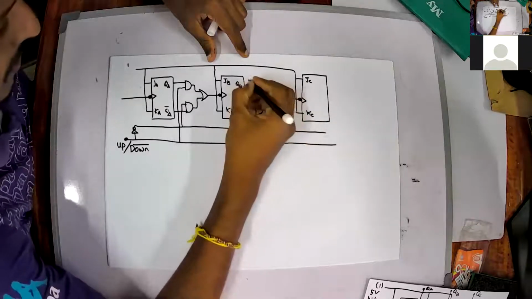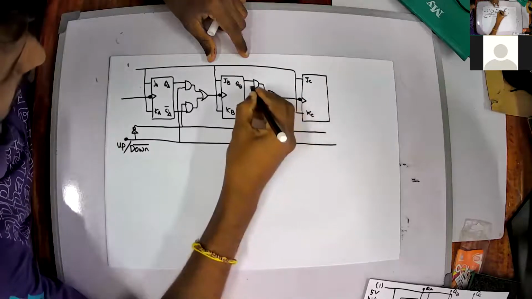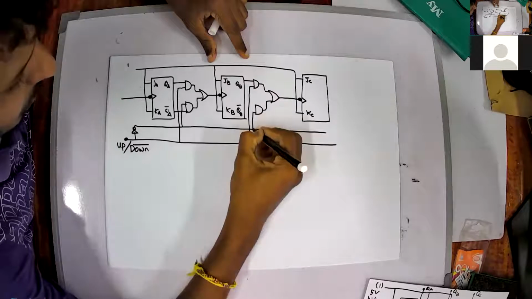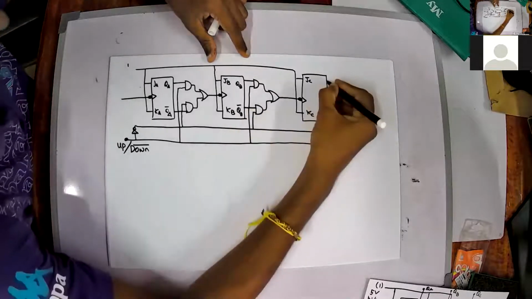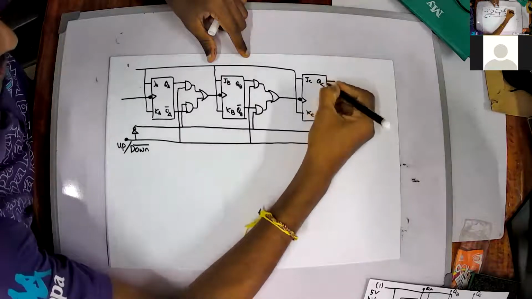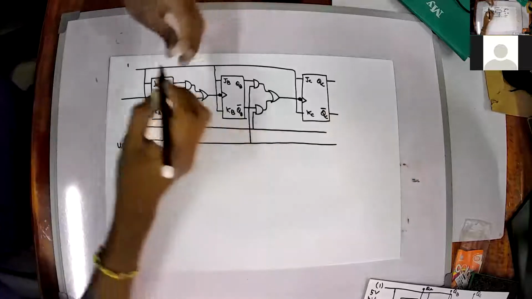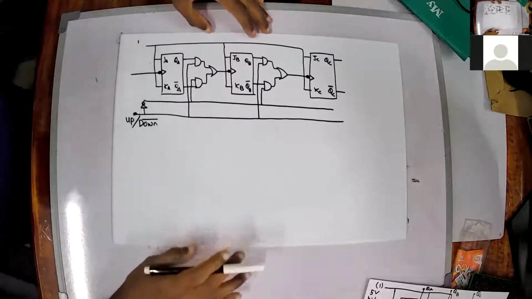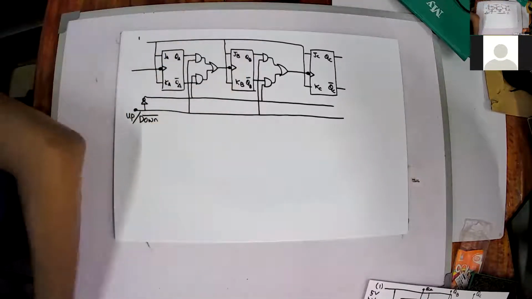This will be my QB, and that has to be connected to high, and then this is my low, and that has to be connected to QB bar, and this is my QC and QC bar. So this is actually an up and down counter in a single circuit.